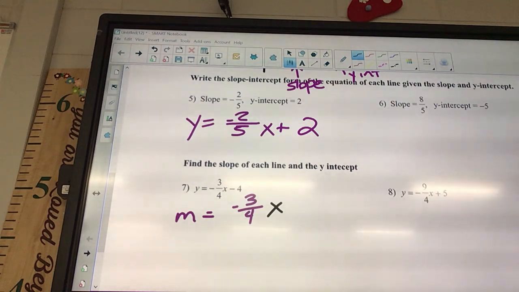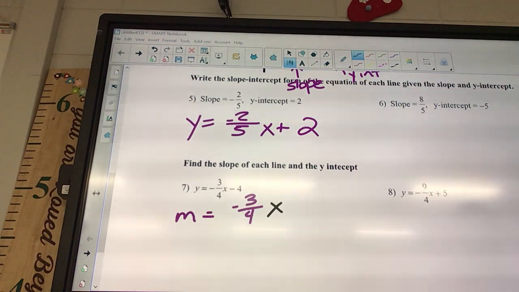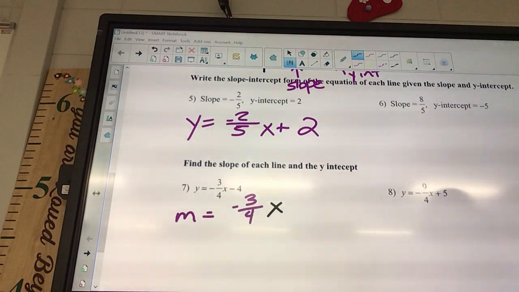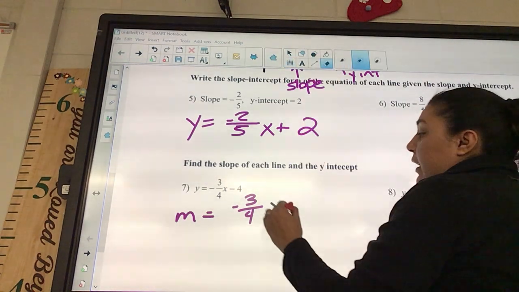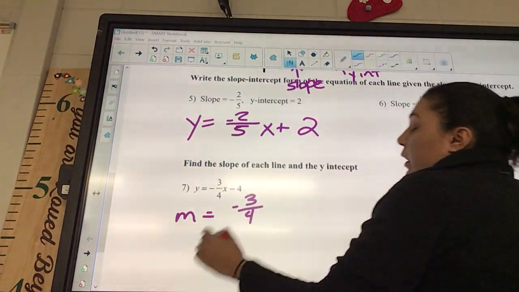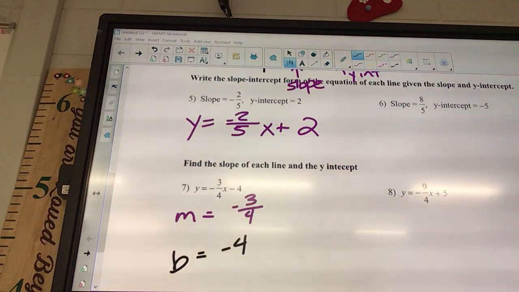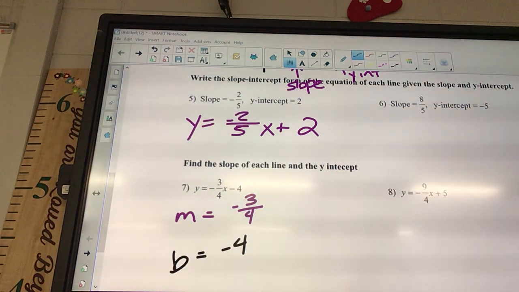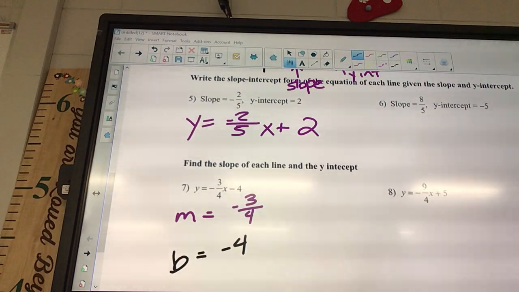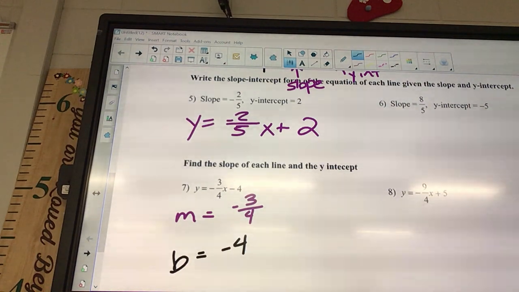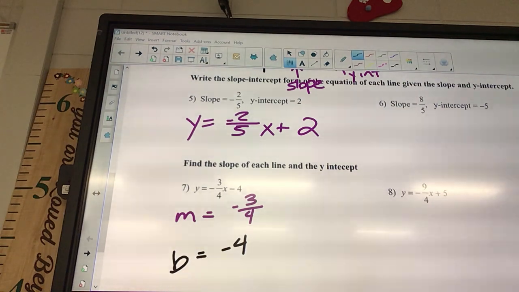Eventually, you plug something into the x and that gives you the y. So it's just that negative 3 over 4. And the b is going to be negative 4. Okay, so that's what we did yesterday.